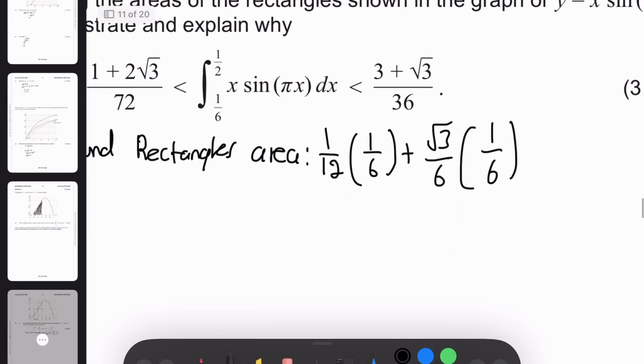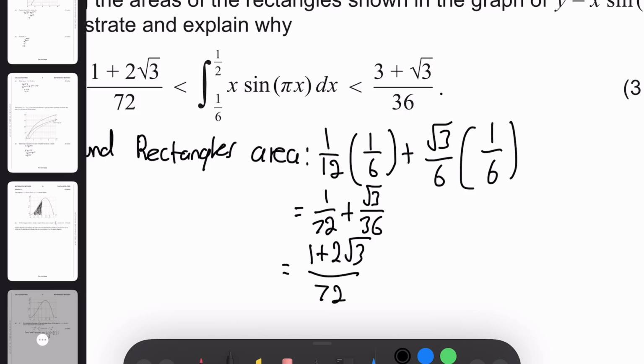Okay, so then this is going to be equal to 1 on 72 plus square root of 3 on 36, which we can simplify to 1 plus 2 square root of 3 all over 72. We just multiply this by 2 on 2, so we get the same denominator.